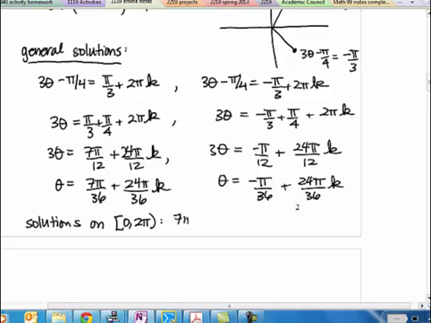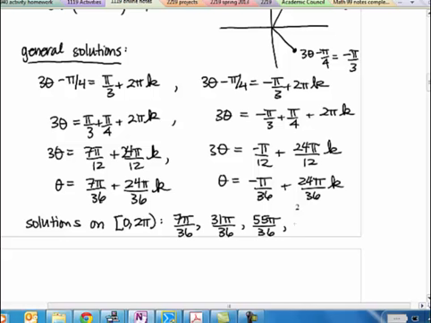So one solution will be 7 pi over 36. I can't subtract 24 pi over 36 because that would take me into the negative solutions, and I don't want that. If I add 24 to 7, I'll have 31 pi over 36. And I want to just stay less than 72 pi over 36. So if I add another 24, that's going to get me to 55 pi over 36. And if I add another 24, I would be at 79 pi over 36.